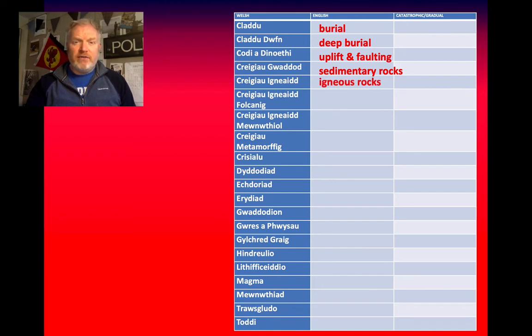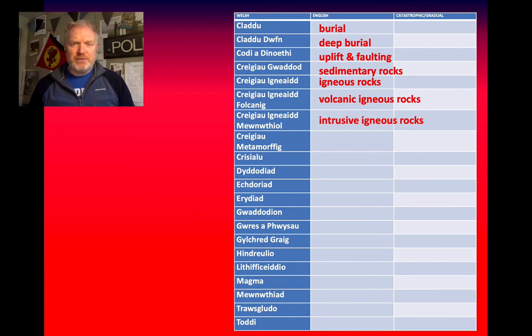Creigiau gneithiad volcanic, I really like that word, that is volcanic igneous rocks. Creigiau gneithiad meunthiol, apologies, intrusive igneous rocks. Creigiau metamorphig, I suppose that makes sense, that's metamorphic rocks.